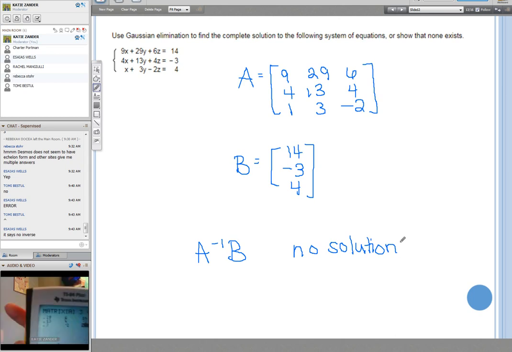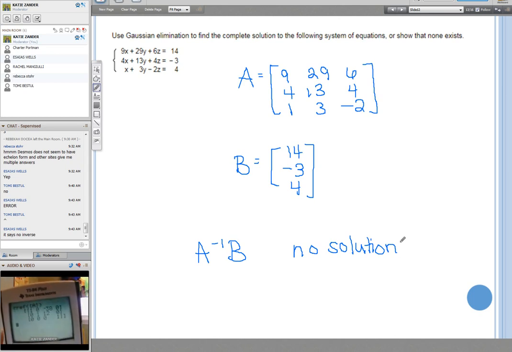So if you go to matrix A and just edit that to make it a 3 by 4, and then just throw in that last column of solutions. And then if we try to go to the math piece and do our reduced row echelon form of that matrix A that we just edited again, we can get the actual values there.